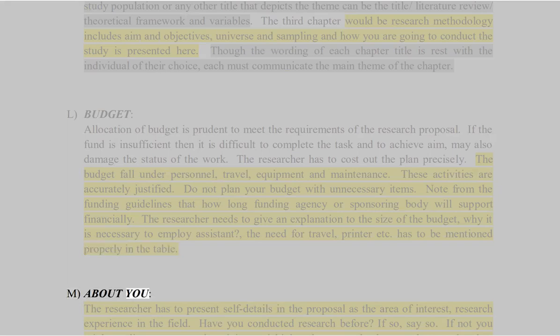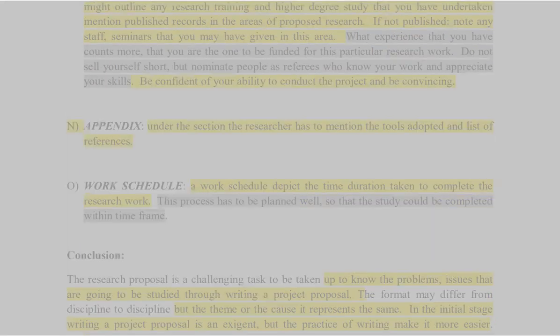M. About you. The researcher has to present self-details in the proposal, such as area of interest and research experience in the field. Have you conducted research before? If so, say so. If not, you might outline any research training and higher degree study that you have undertaken. Mention published records in the areas of proposed research.